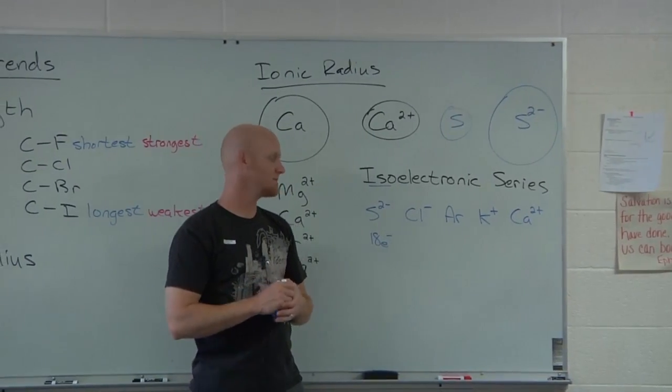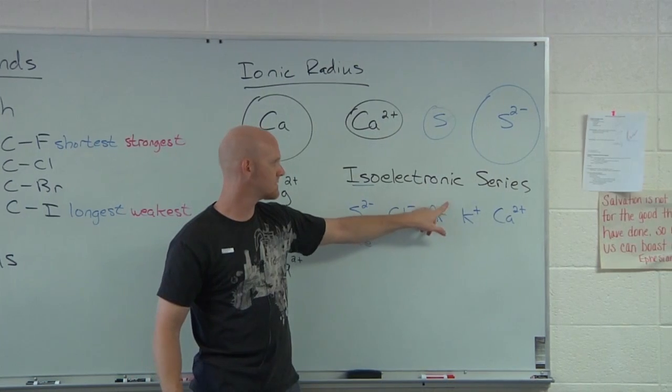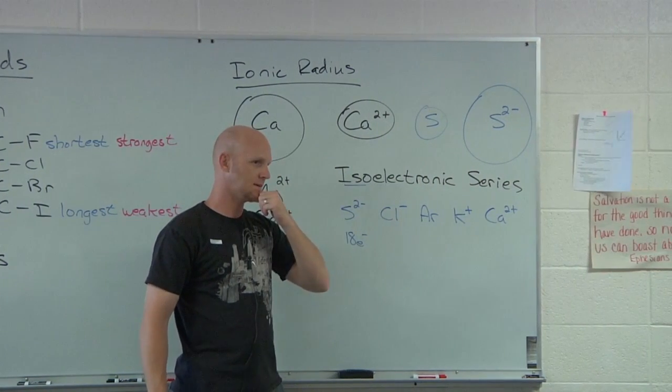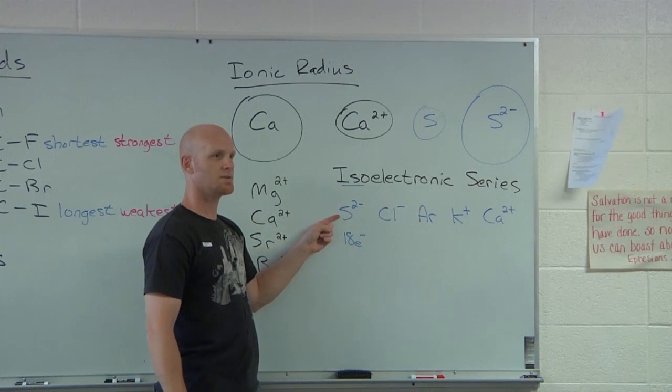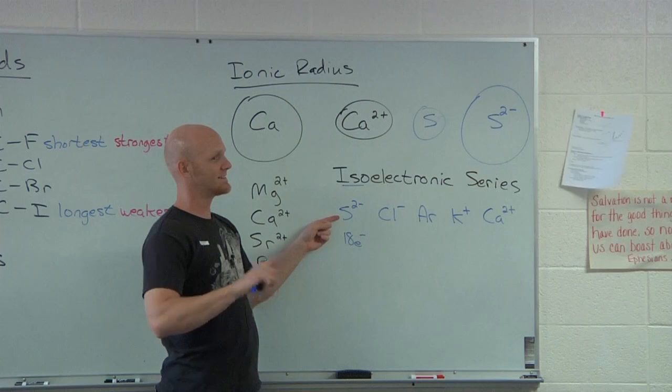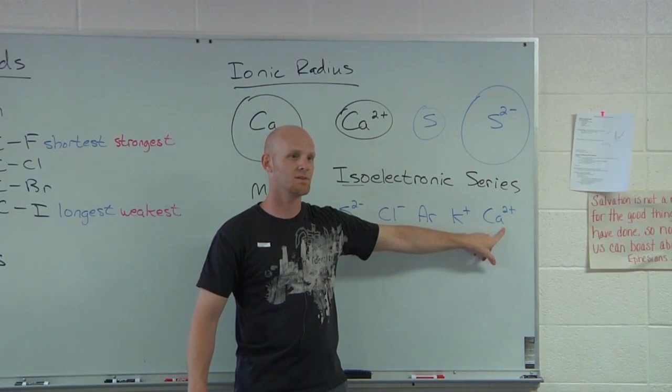What's the difference then? If they all have 18 electrons, then how many protons does argon have having no charge? Must have 18. How many protons does sulfur have? Careful. 16. How many protons does calcium have?